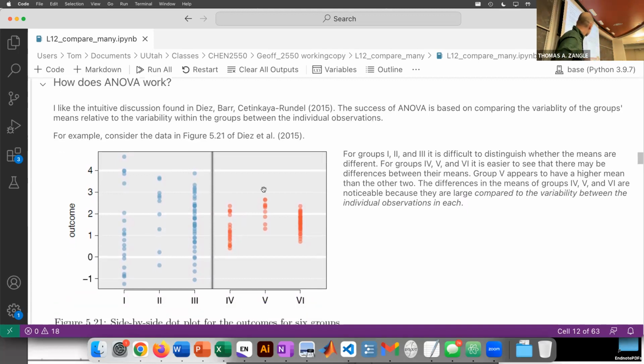So as an example, let's say we have these three groups, 1, 2, 3. There is some variation in the means between these three groups. The mean of group 1 is not the same as the mean of group 2, which is not the same as the mean of group 3. But that variation in the means is much, much less than the variation within each one of those groups.